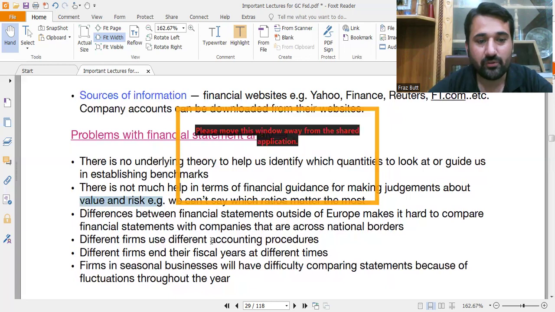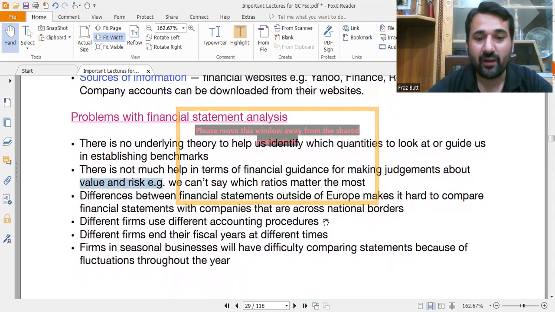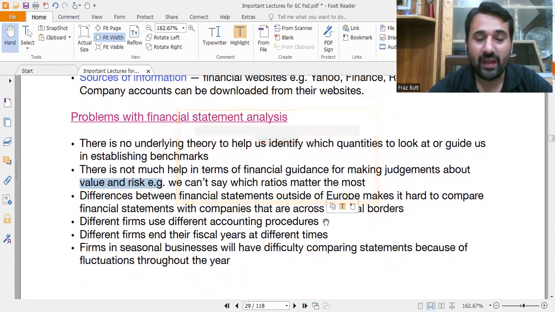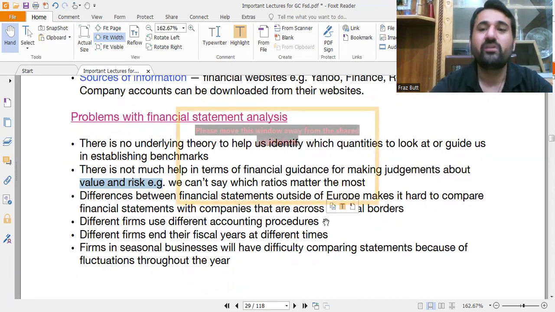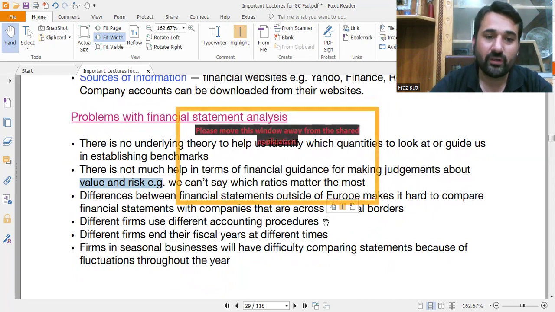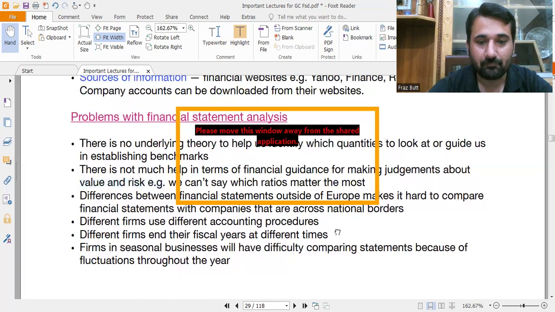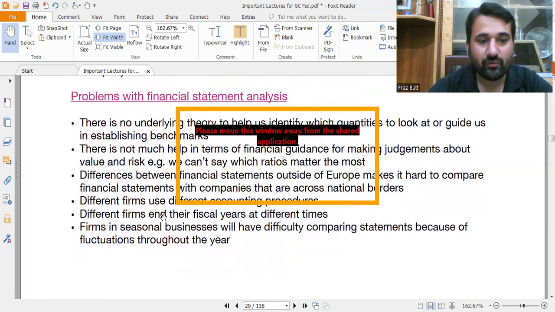Then different firms use different accounting procedures. Some firms end their year on December 31. Some firms end their financial year on June 30th. So accounting procedures are also different for different firms and companies. So it can be a problem for the financial statement analysis. The next point, different firms end their fiscal years at different times.